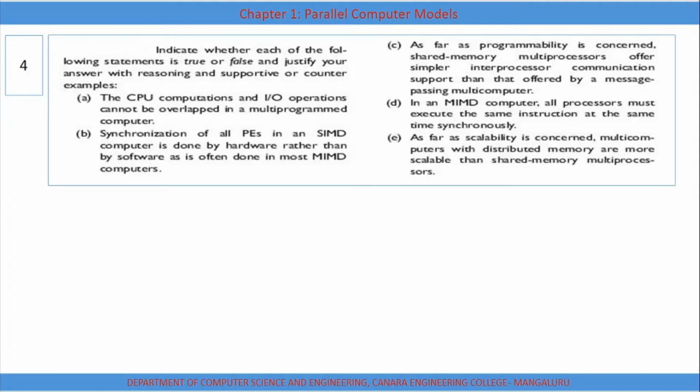Next question. Indicate whether each of the following statements is true or false and justify your answer with reasoning and supportive or counter examples. The first statement, A. The CPU computations and I/O operations cannot be overlapped in a multi-programmed computer.